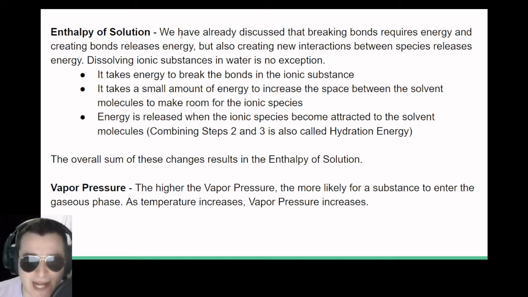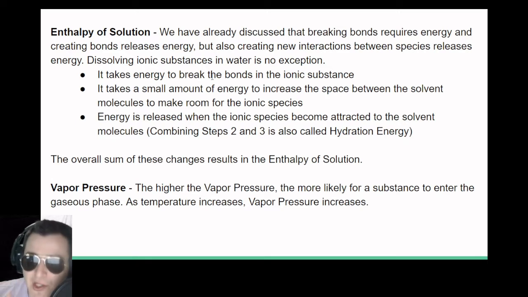They like being next to each other. So it takes energy to break that ionic substance up. However, we are paid our dues by the end of this process. So it takes energy to break it. It also takes a small amount of energy to take these water molecules that are all next to each other and put a little bit of gappage between them to separate them. Right?